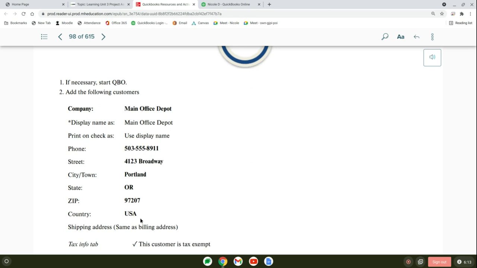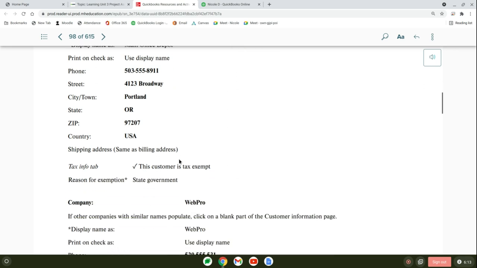Then you're going to come up and put the phone number, 503-555-8911. This customer is tax exempt, so you're going to go to the bottom and go to the third tab over where it'll say tax info. You're going to click that and put a check mark that this customer is exempt, so it does not apply tax to that customer.